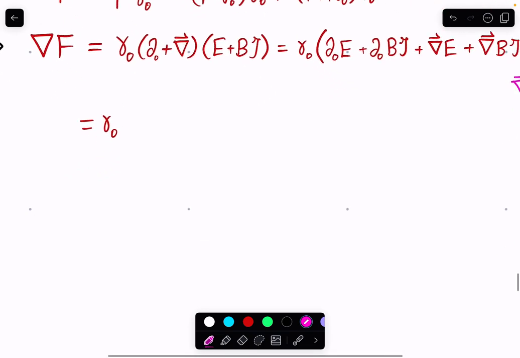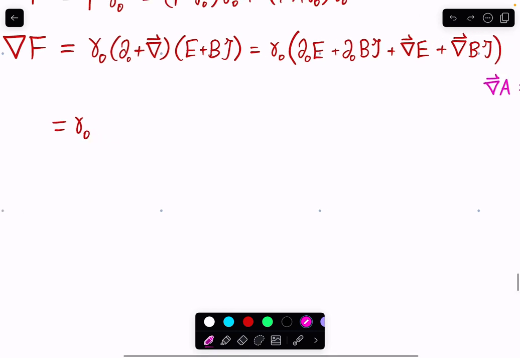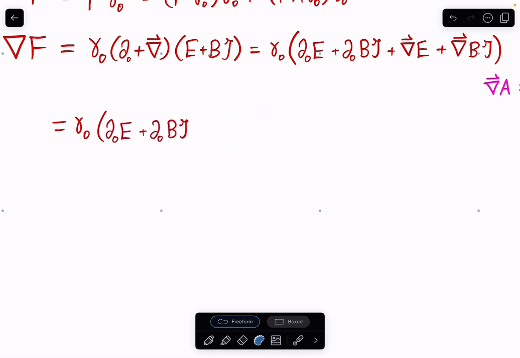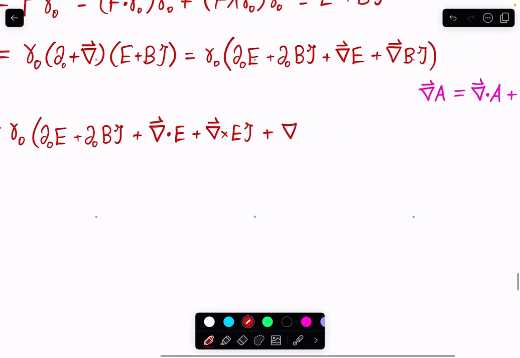So then continuing on from that, we can expand out these terms. So first I'll copy these, then plus, going to have divergence of E plus the curl of E I plus the divergence of BI plus the curl of B. Then you have 2 i's, right?